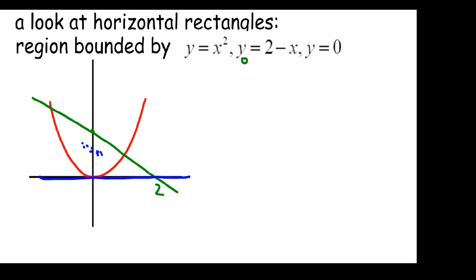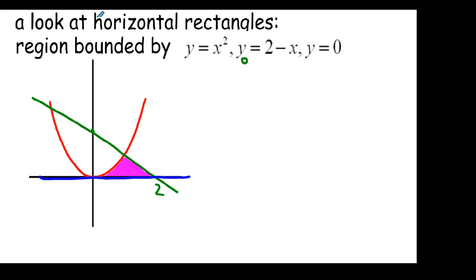So it's not that part. It is this part. And it kind of looks like a triangle, but it's not a triangle because the sides aren't straight. That red curve is not straight, so we can't do 1/2 base times height. Sorry.